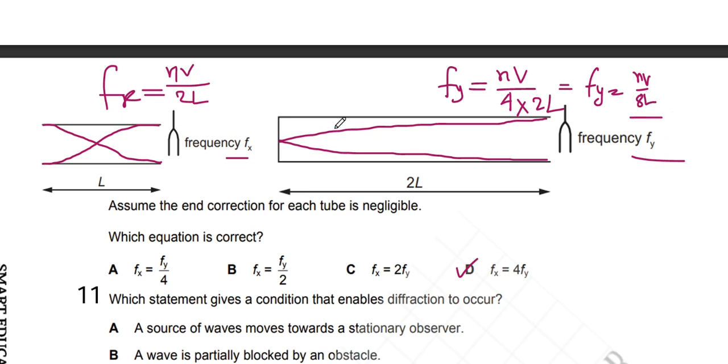Now we need to substitute in place of nv the frequency Fx. We have to combine these two frequencies. How? If we make nv by L the subject, then Fx times 2, meaning 2Fx, that would be 2Fx.